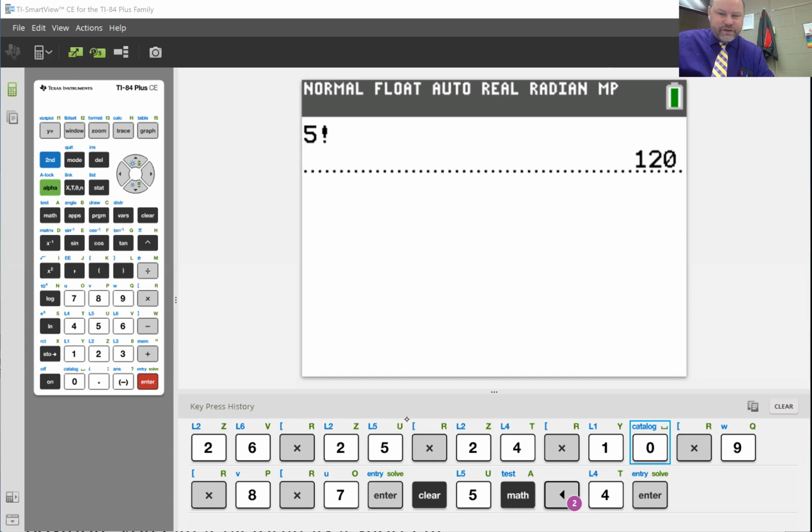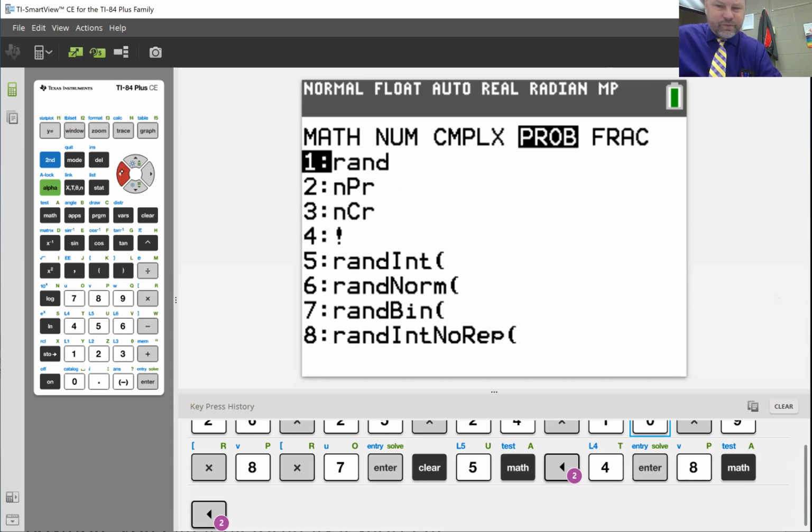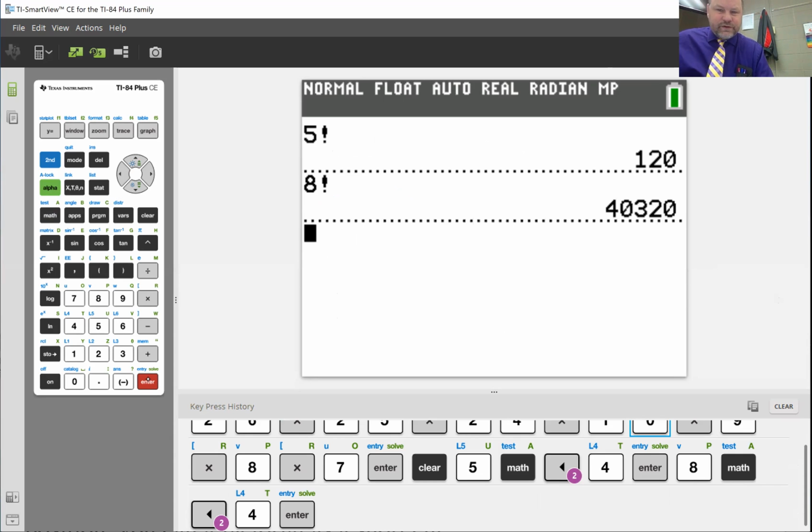So just showing you again on the calculator: 8, math. I think on the TI 83 Plus, it doesn't say PROB, it just says PRB, and I don't think it has that frac option in this menu. I hit 4, and then I need to hit enter at the end for it to calculate. When I do that on my calculator, it just shows R and.